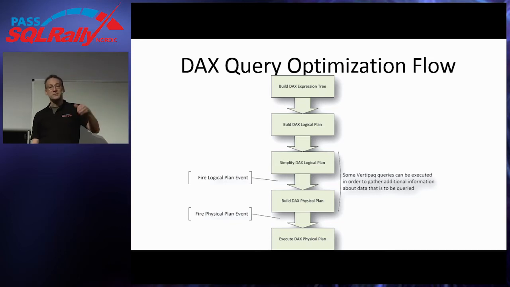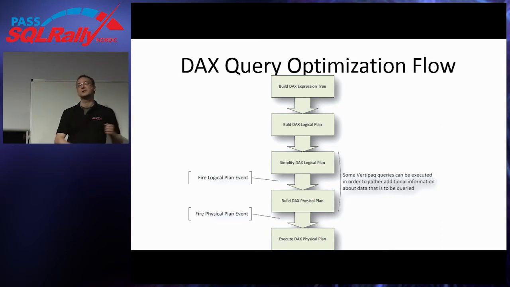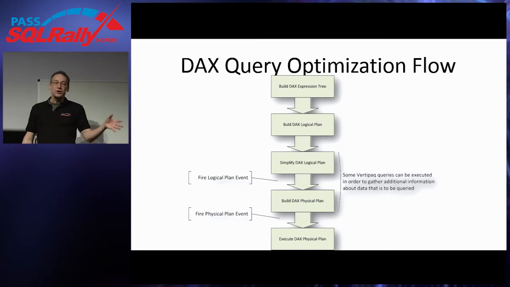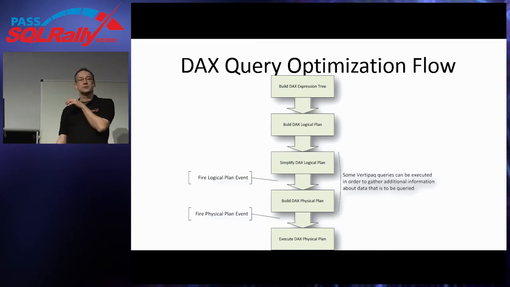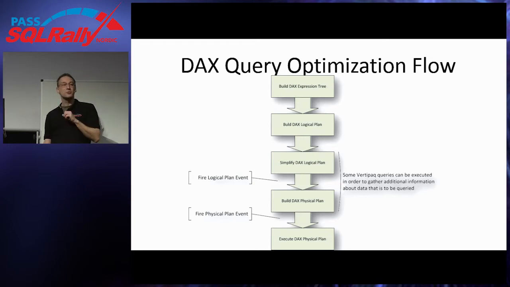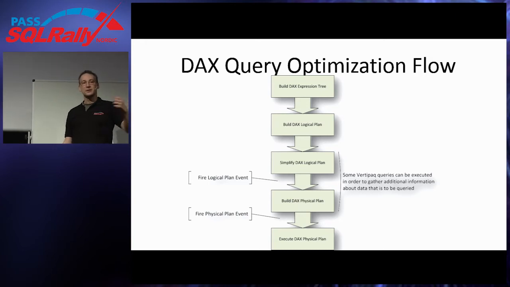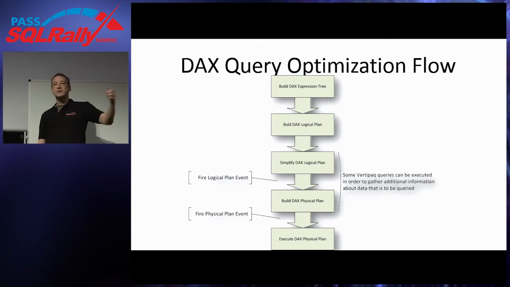So, during the optimization process, there are a lot of queries that are executed by the optimizer just to understand how many rows will be returned by different parts of the query. Once all these queries are executed, at that point, the optimizer knows the optimal query plan. And only at that point, it fires the logical query plan. It shows the logical query plan in the profiler.